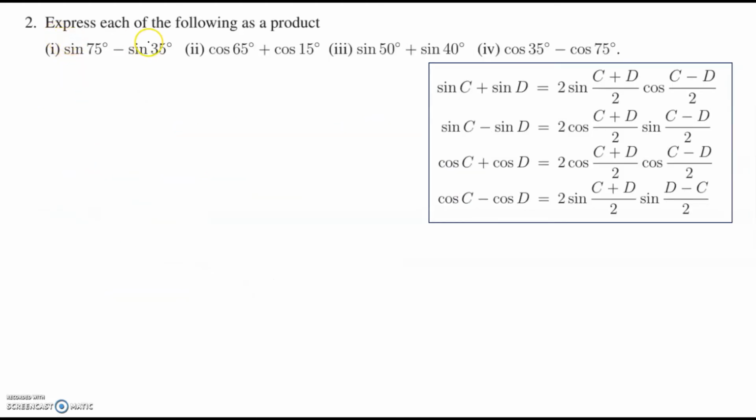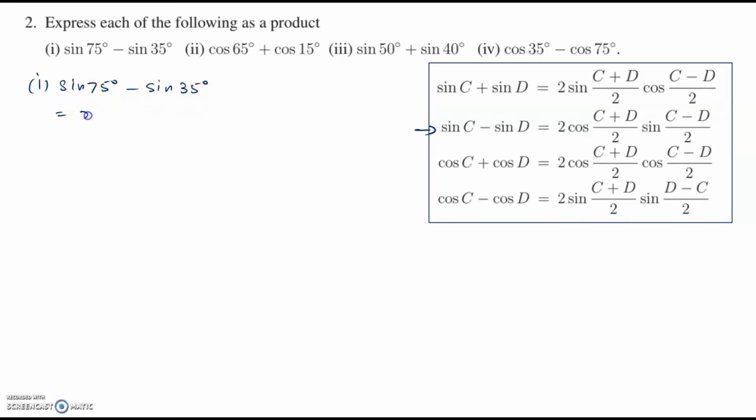Question number 2. Express each of the following as a product. Let's take the first one, which is sine 75 degrees minus sine 35 degrees. For this we will use the second formula here. So our C is 75 degrees and D is 35 degrees.